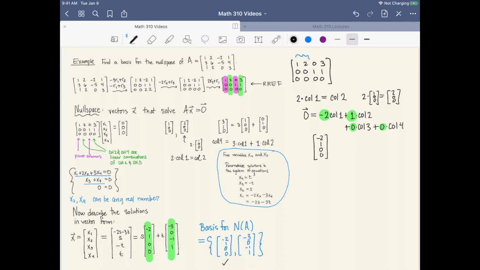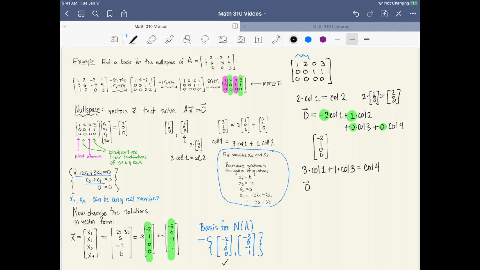Okay, the linear dependency for the next one deals with column 4. And what we saw for column 4 was that we needed to take 3 times column 1 plus 1 times column 2 and column 3. And that gave us column 4. So let me put everything on the same side of the equals now.